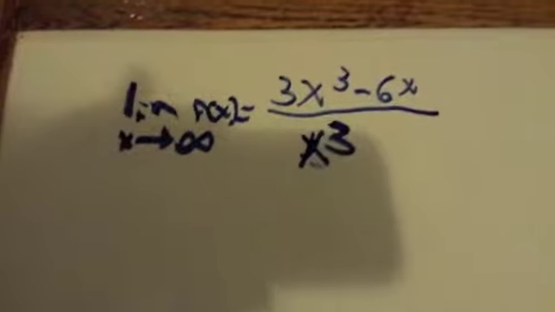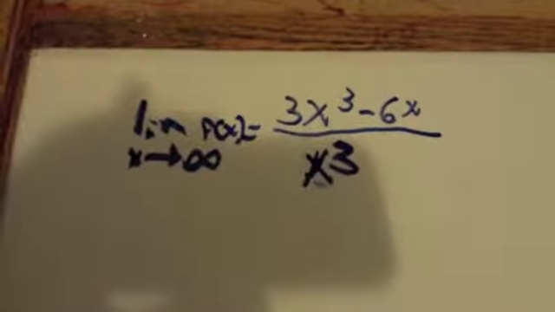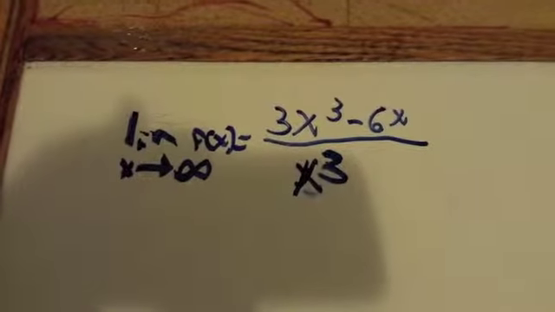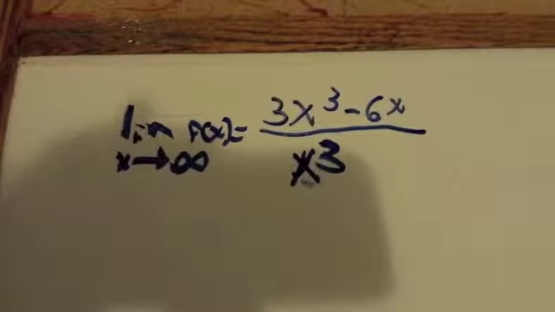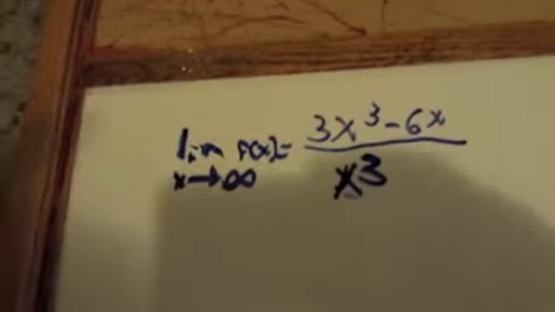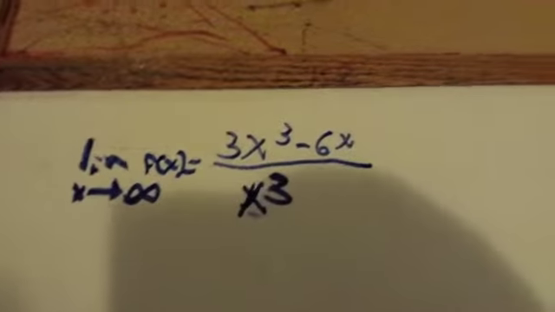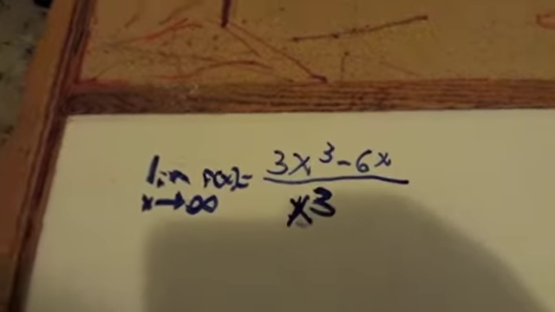Alright, so as you just heard in the song, the concept I'm going to be focusing on with limits is how to take the limit as x approaches infinity of a rational function. And this is also called the horizontal asymptote. So, for example, this function, 3x cubed minus 6x over x cubed, the degree of the numerator and the denominator are the same.